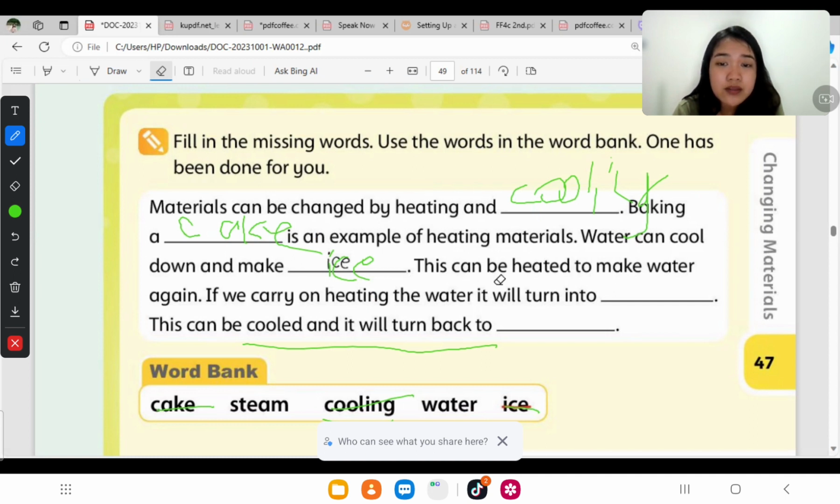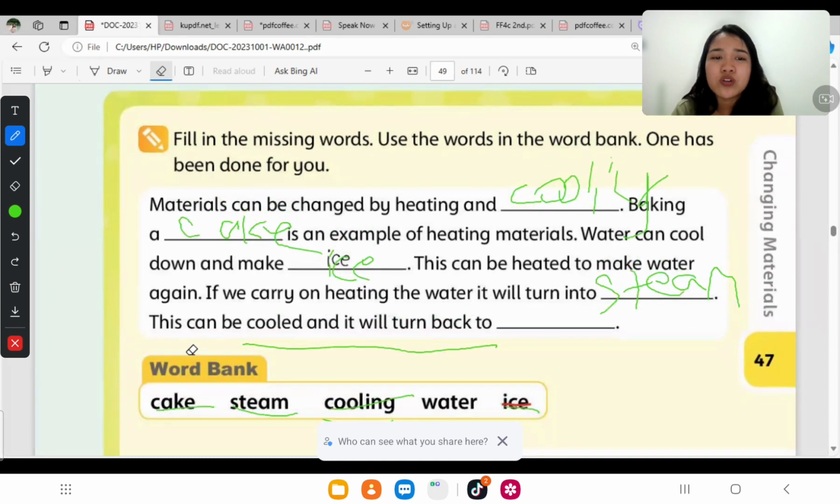This can be heated to make water. Then if we carry on heating the water, it will turn into steam. Steam, S-T-E-A-M.